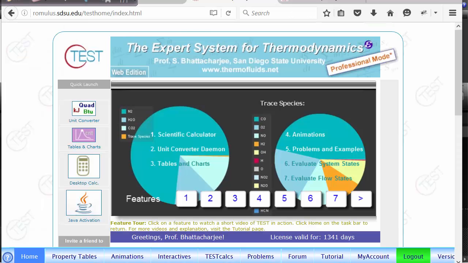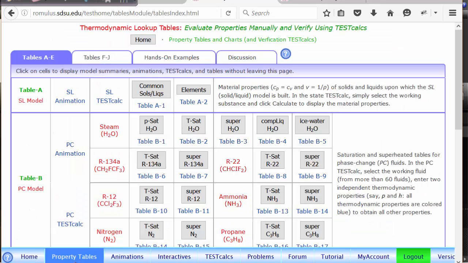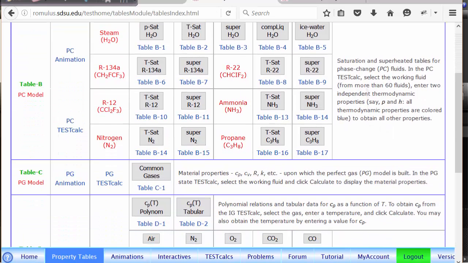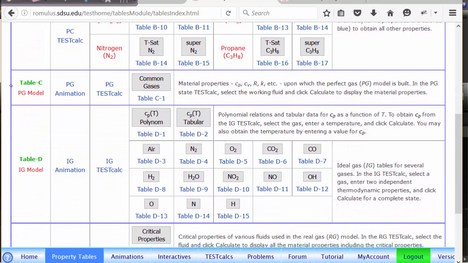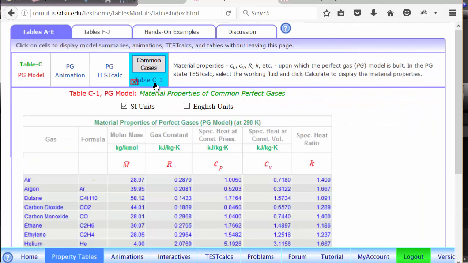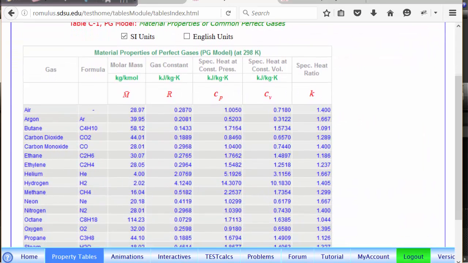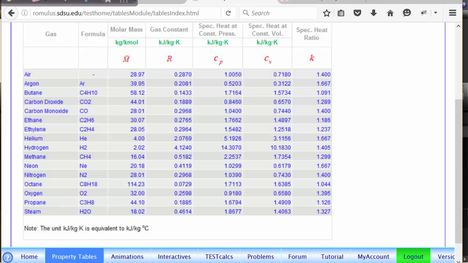To pick up the material properties of a gas using the perfect gas model, we log into test. In the property tables module, find the PG model row, and table C1 contains the list of properties. The properties that we'll need for carbon dioxide right here are Cp values.